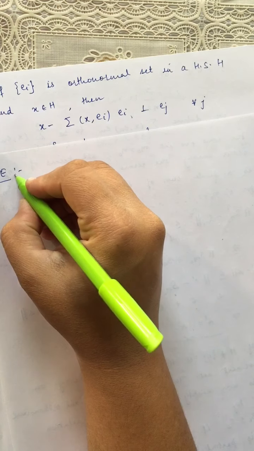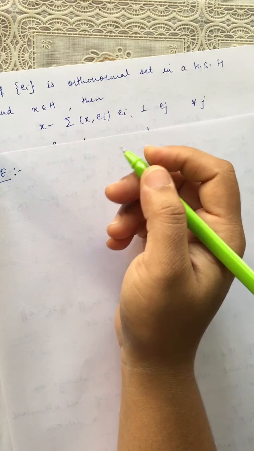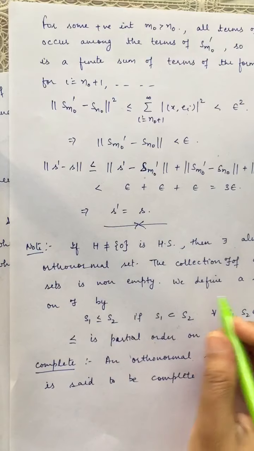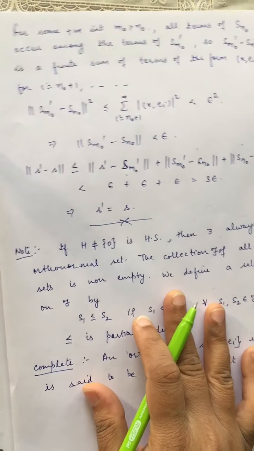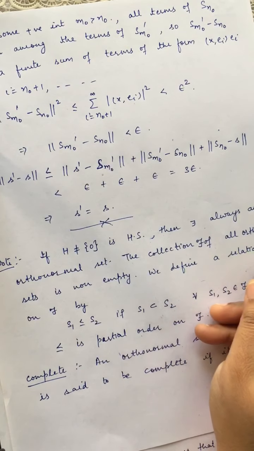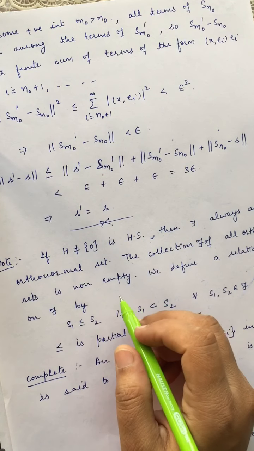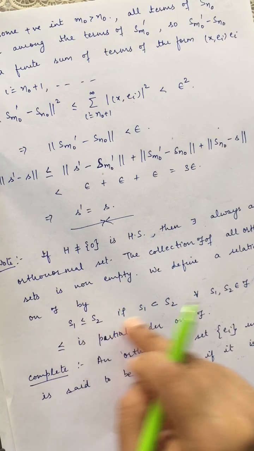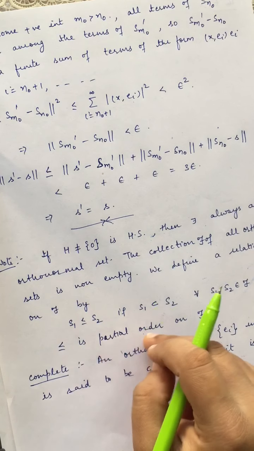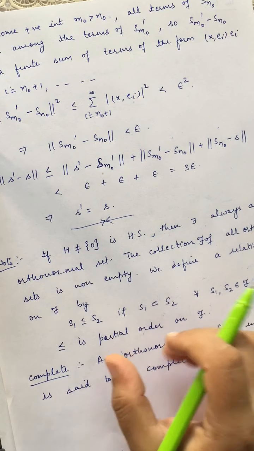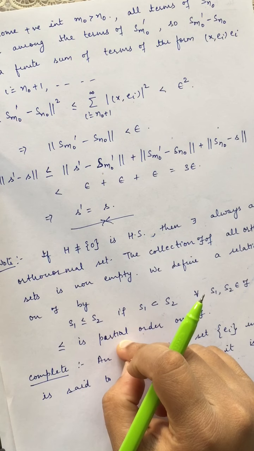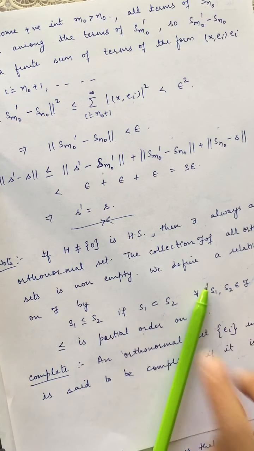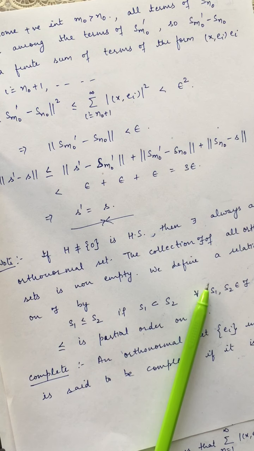This is actually very easy to prove. We can prove it by Zorn's lemma, because we have shown that in this theorem we take the collection of all orthonormal sets, and we know for a non-zero Hilbert space this collection is non-empty, and we define a relation, then that relation is a partial order. Then in this partially ordered set, if we can prove that every chain has an upper bound, then by Zorn's lemma it has a maximal element.